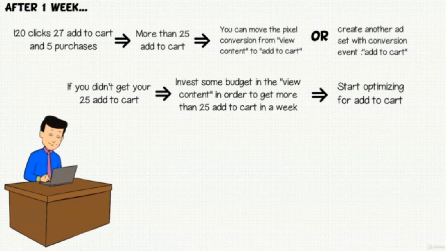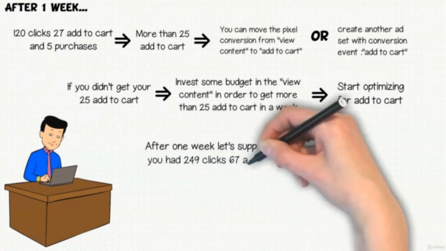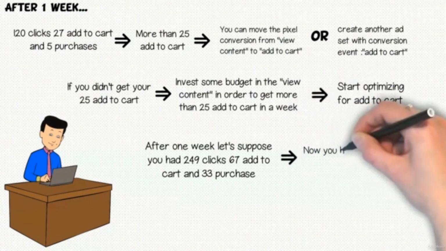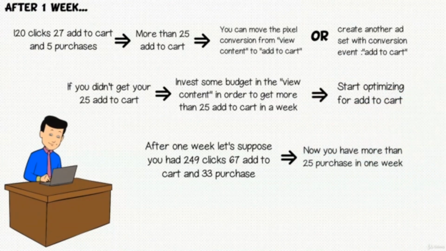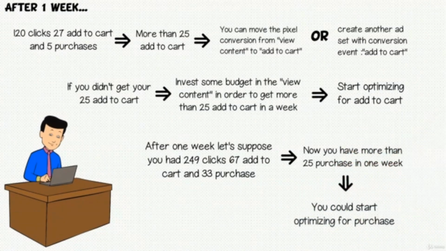in order to be able to start optimizing for add to cart. So now you are optimizing for add to cart, and after 1 week, let's suppose you had 249 clicks, 67 add to cart and 33 purchases. Now you have more than 25 purchases in 1 week, and you could start optimizing for purchase.